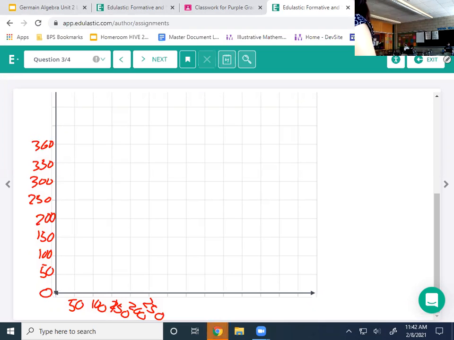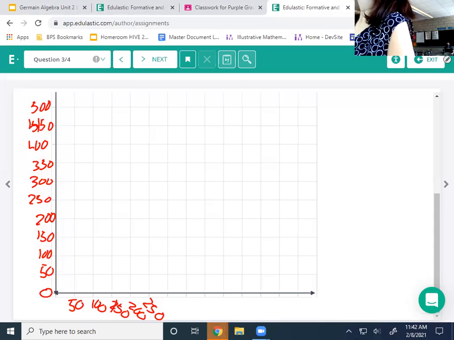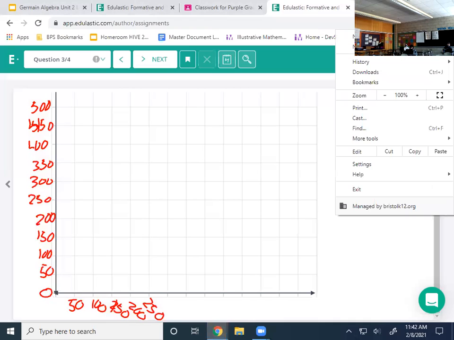Oh, no, that's not what I want. Oh, no. Zoom it out a little bit.